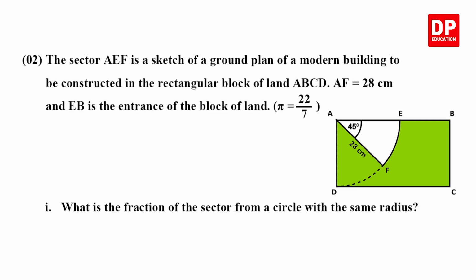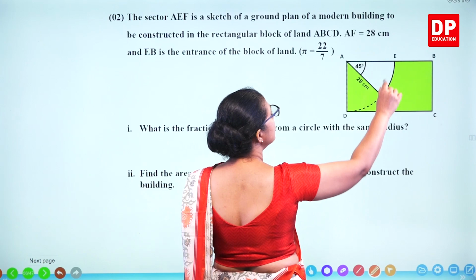AF is 28 centimeters and EB is the entrance of the block of land. Take pi as 22/7. What is the fraction of the sector from a circle with the same radius? This fraction.